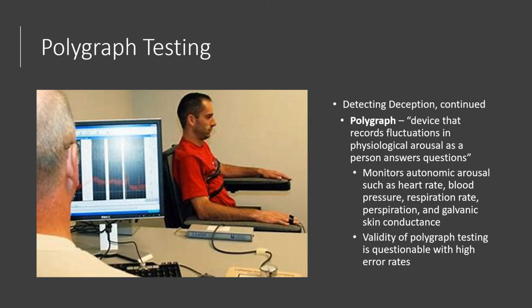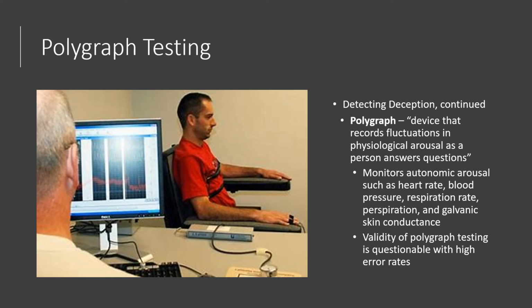There are many different questioning techniques that are commonly used in polygraph tests, and probably the most widely used one is what's called a control question test. This is what is most frequently used in a criminal investigation. The control question test compares responses to relevant questions, like did you shoot your wife, with those of control questions.